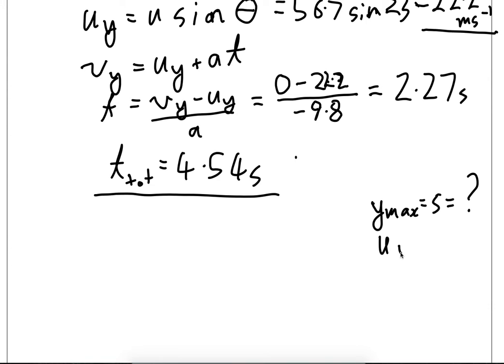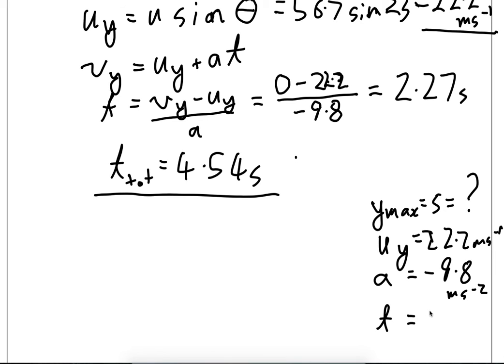What have we got? We've got that Uy equals 22.2 meters per second. We've got that A equals minus 9.8 meters per second squared, and we've got that T to the top, not all the way, is 2.27 seconds. So that looks a bit to me like an S equals UT plus a half AT squared problem, right? We've got U, A, T, and S.